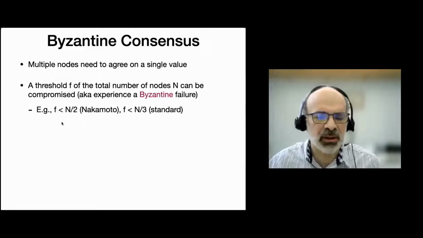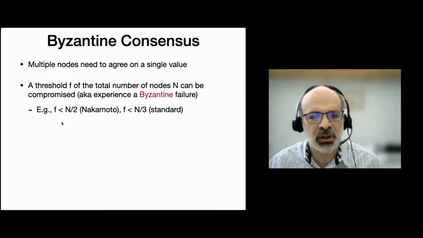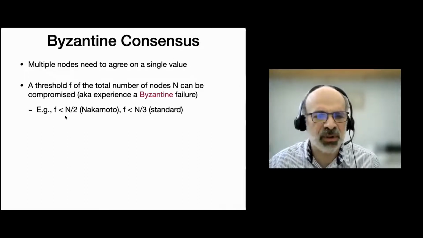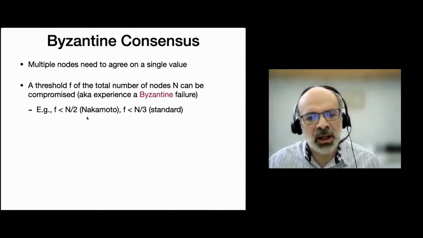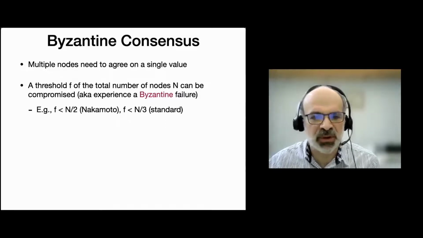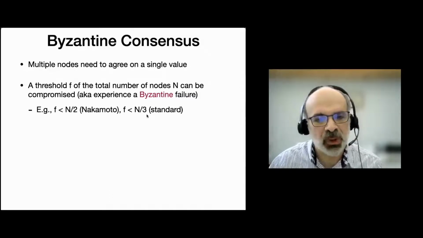Different types of blockchain consensus make different assumptions about this threshold. Nakamoto, for example, assumes that this is less than 50%, and more standard approaches to distributed consensus assume that this is less than a third of the network.